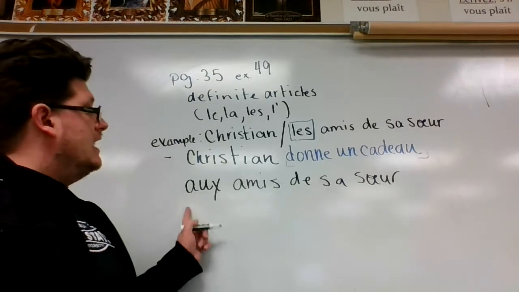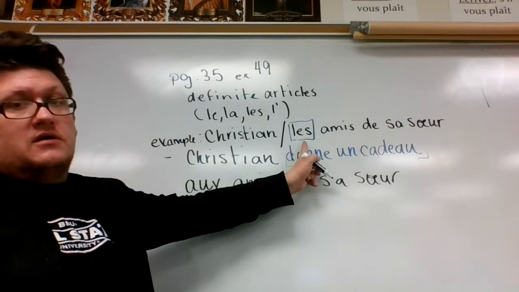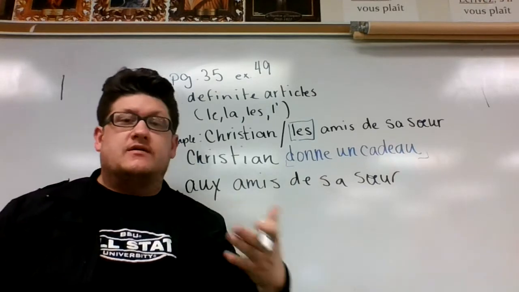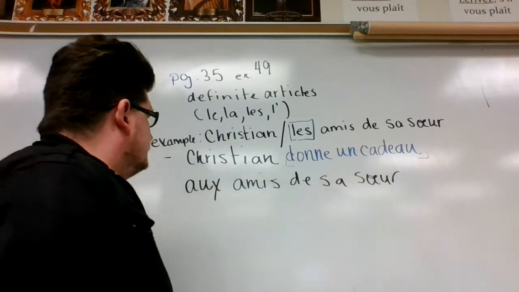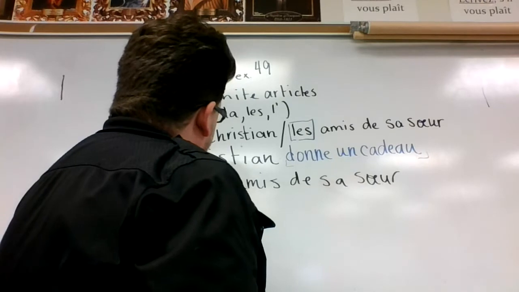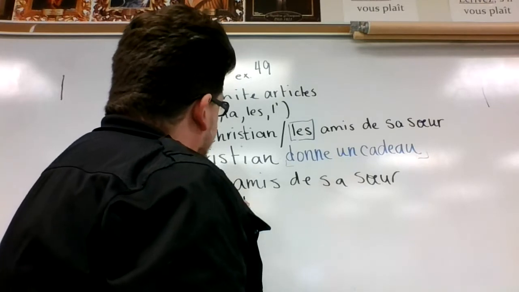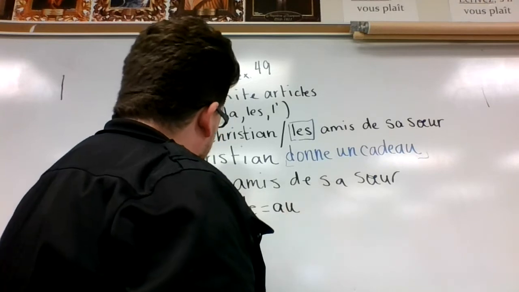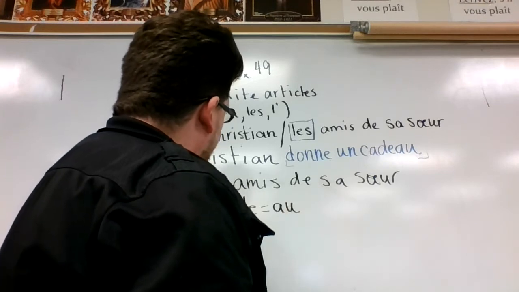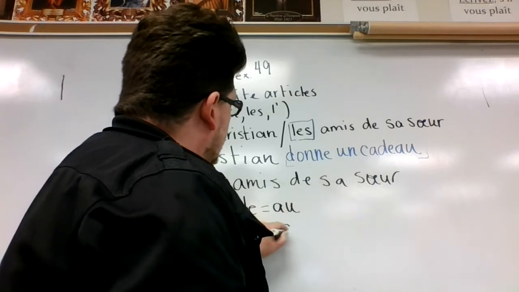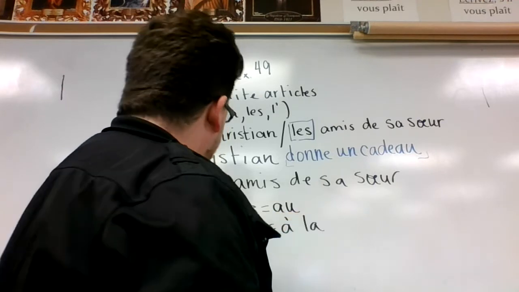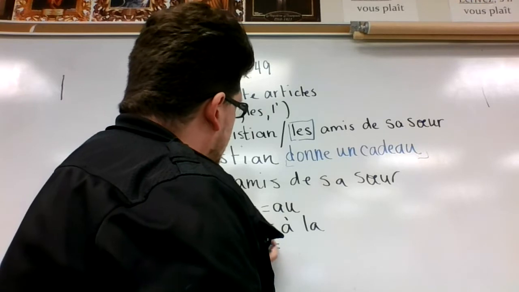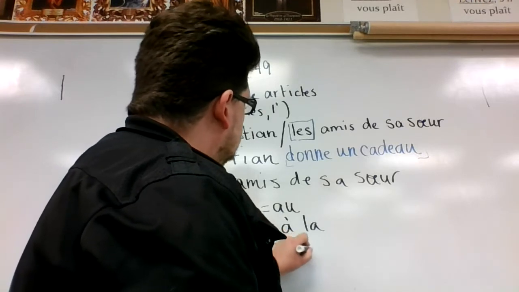Again, we have to look at our article after the slash, and that informs which one you'll use. To refresh your memory: à plus le equals au. À plus la equals à la. À plus les equals aux.